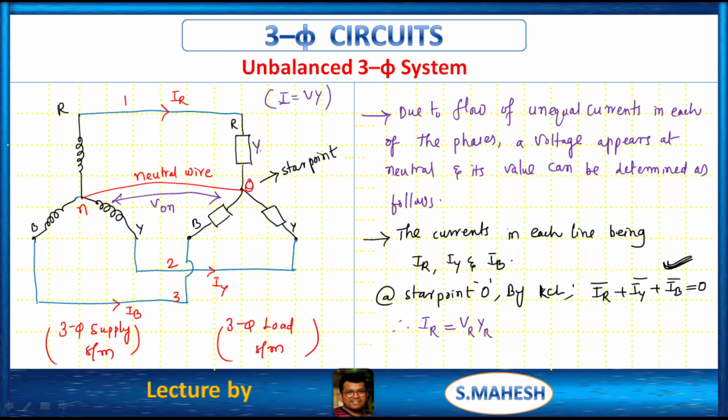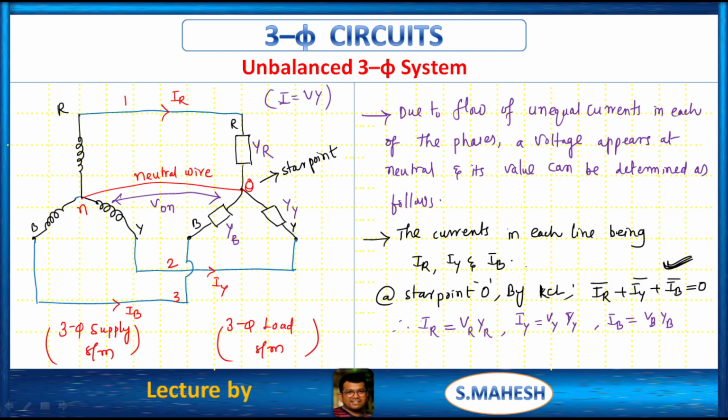Here the load, let us consider admittance. You can consider impedance or admittance, but here I am considering admittance. Therefore IR is equal to VR YR. IY is equal to VY YY. IB is equal to VB YB. So based upon this statement, IR plus IY plus IB is equal to 0.